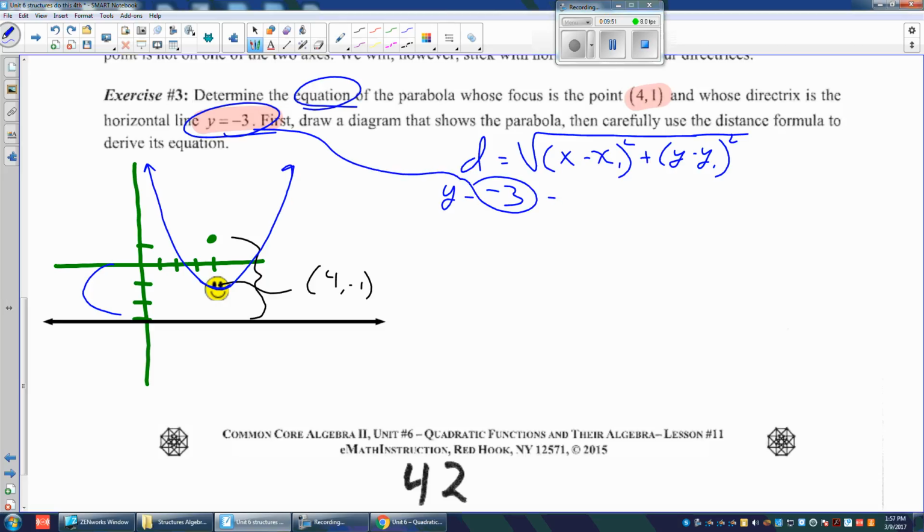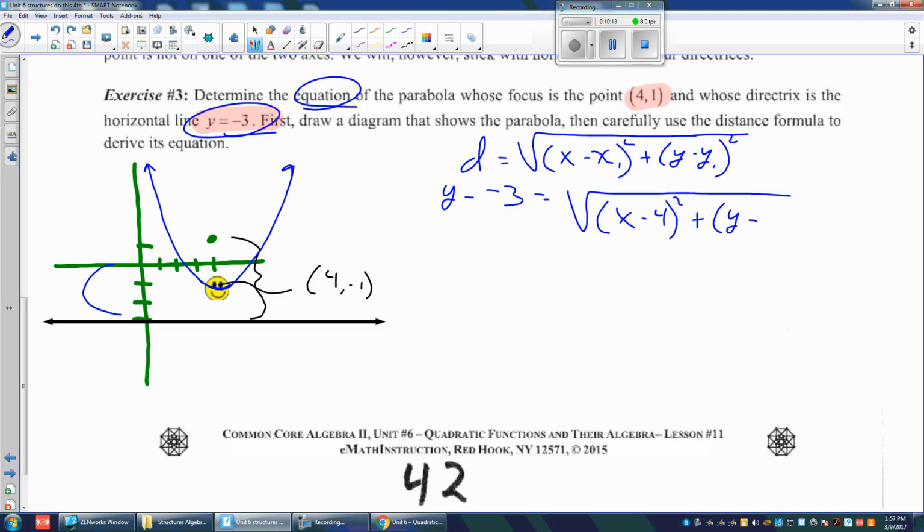Equals square root, put on your thinking caps, x minus x1, we're using the focus point, 4 squared plus y minus y1, using the focus point, 1 squared. So this is just y plus 3.